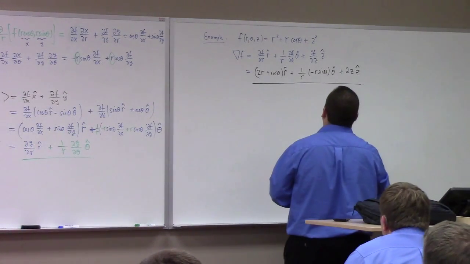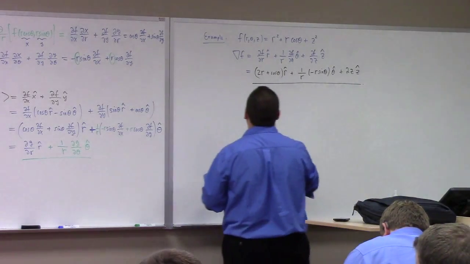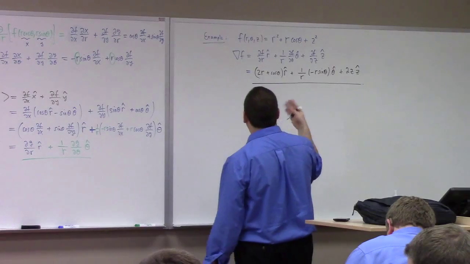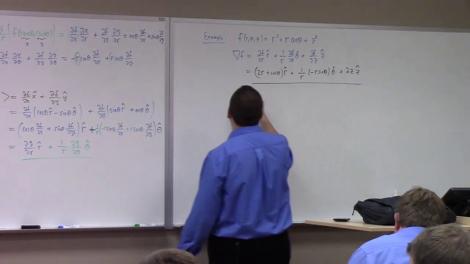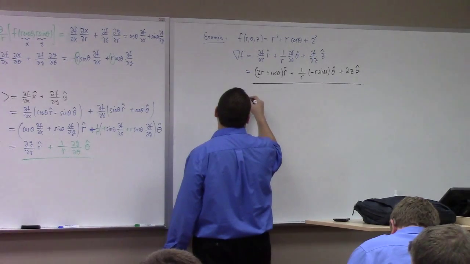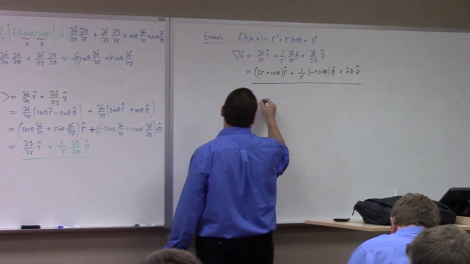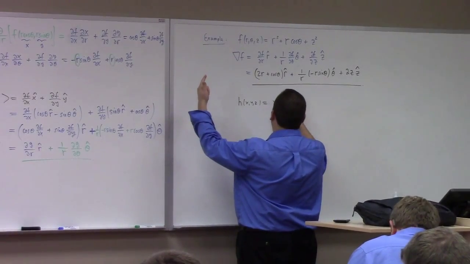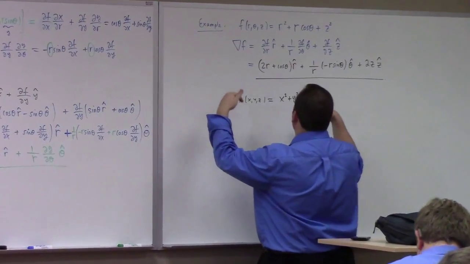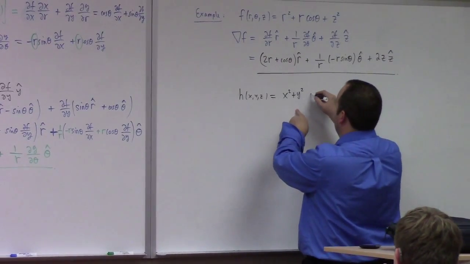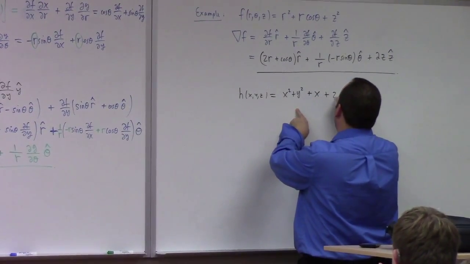Now, admittedly, it'd be kind of interesting to compare this to the Cartesian coordinates, but it wouldn't be too exciting. What would the corresponding Cartesian function be? I'll use h this time. What's h of x, y, z that's kind of corresponding to this? It would be x squared plus y squared plus x plus z squared.